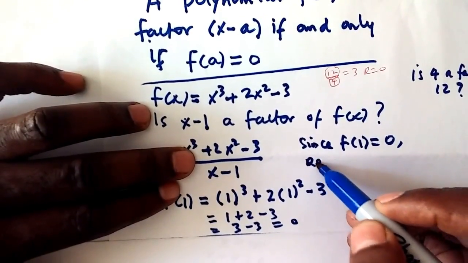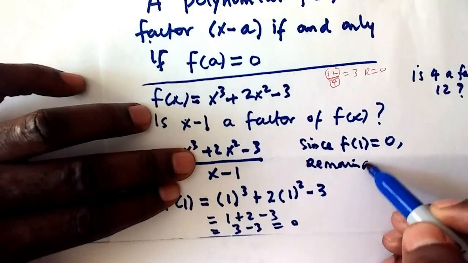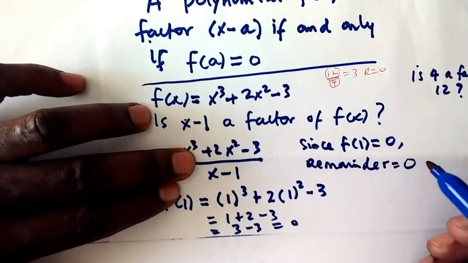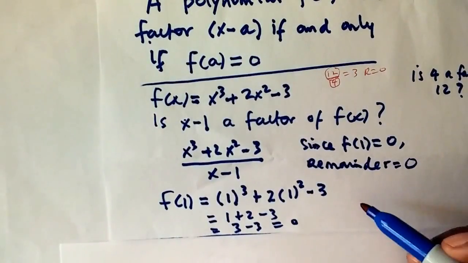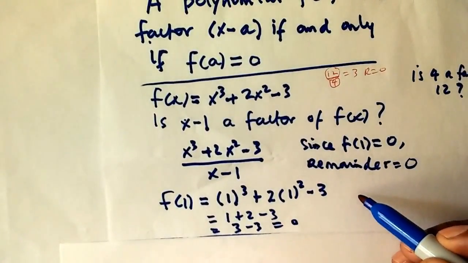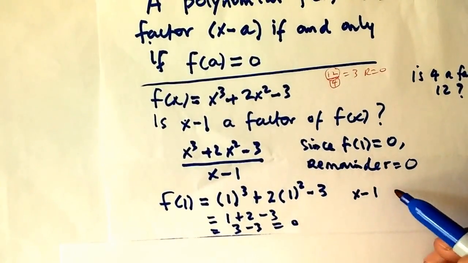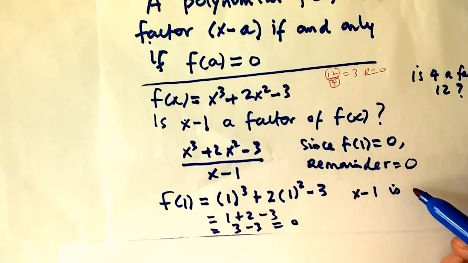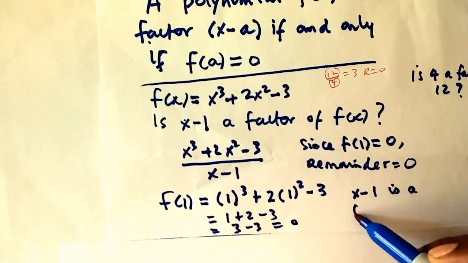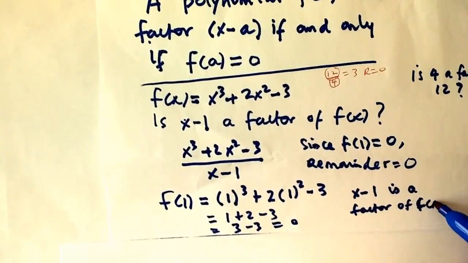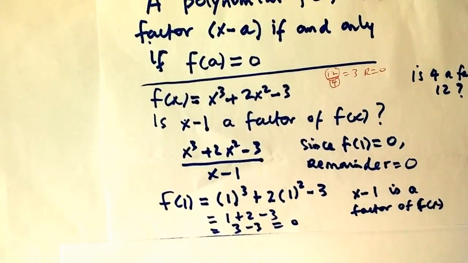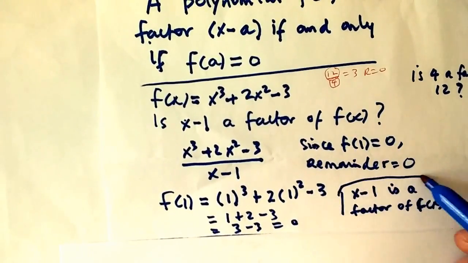Remainder equals 0, that means that x minus 1 is indeed a factor of f of x, which is what we are after.